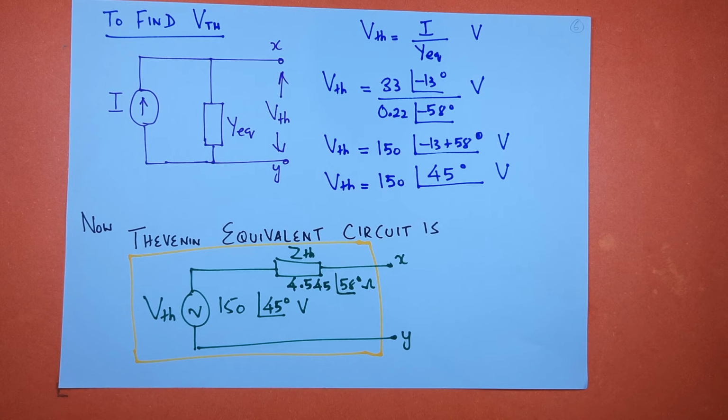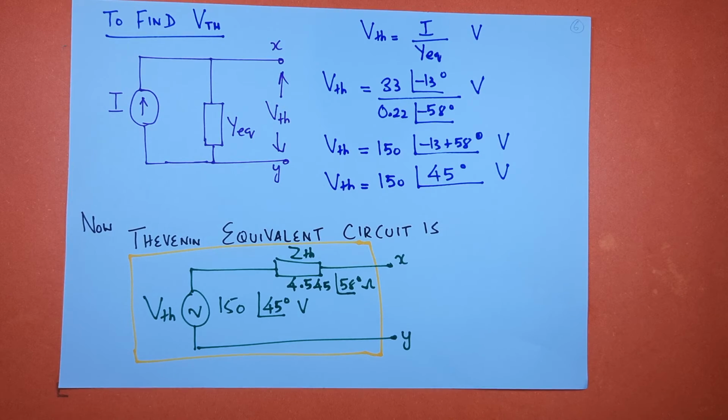Therefore, the Thevenin equivalent circuit is V Thevenin 150 angle 45 in series with Z Thevenin 4.545 angle 58 degrees. This entire block is the Thevenin equivalent circuit.